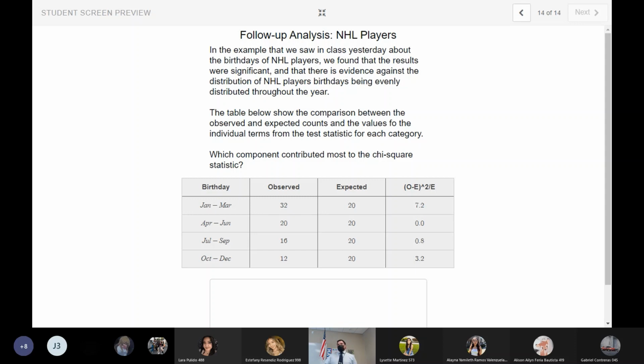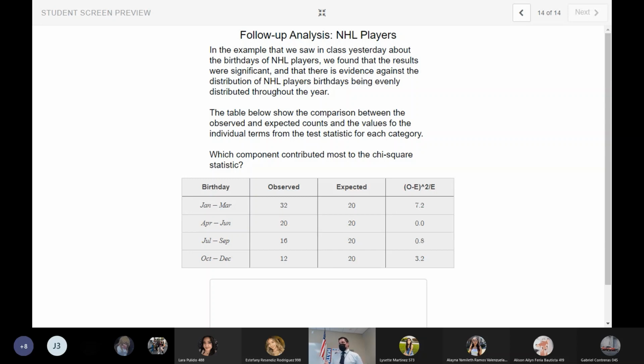We can then make a next step of the conclusion and say this further supports the claim of the person who wrote the book they were talking about in this example, that players who are born earlier in the year have an advantage. They tend to be more successful when it comes to making it to the NHL, and that's supported with our data.